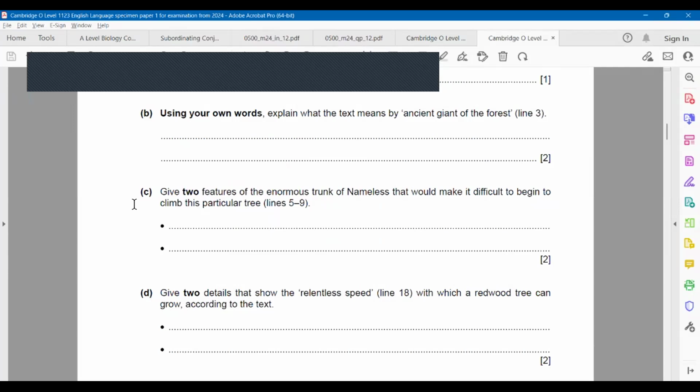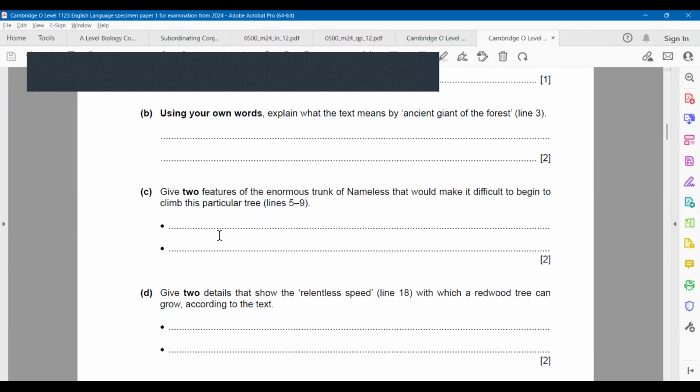Write one sentence with one feature, put a full stop, and write the next sentence with the other feature, put a full stop. Or you can use a conjunction, depending on what information you're giving in the answer, to make it clear that these are the two features. It should be clear that what you're writing down are two different features.